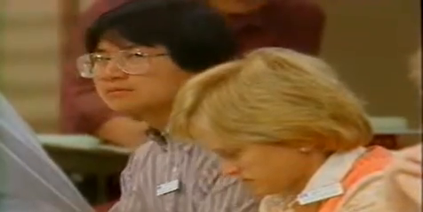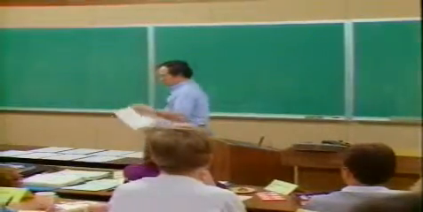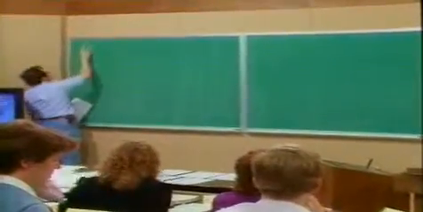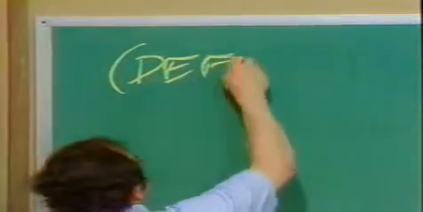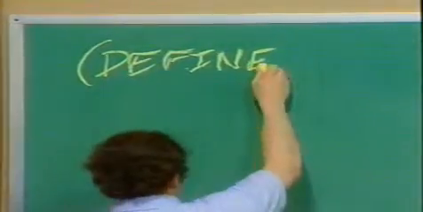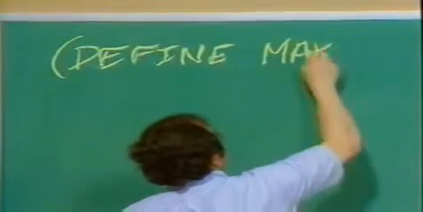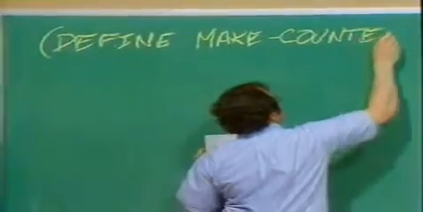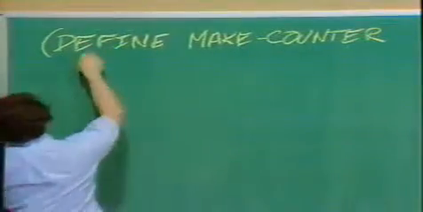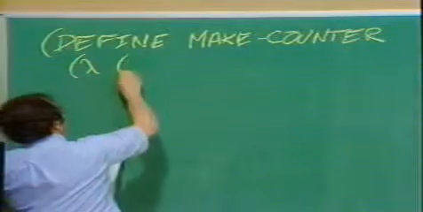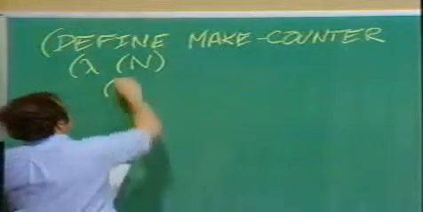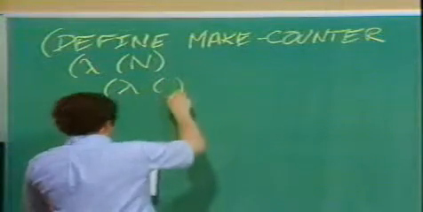Start with a very simple program, which I'm going to call make-counter. I'm going to define make-counter to be a procedure of one argument n, which returns as its value a procedure of no arguments.